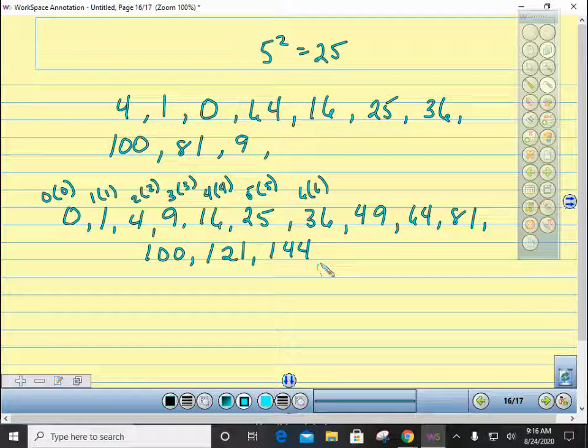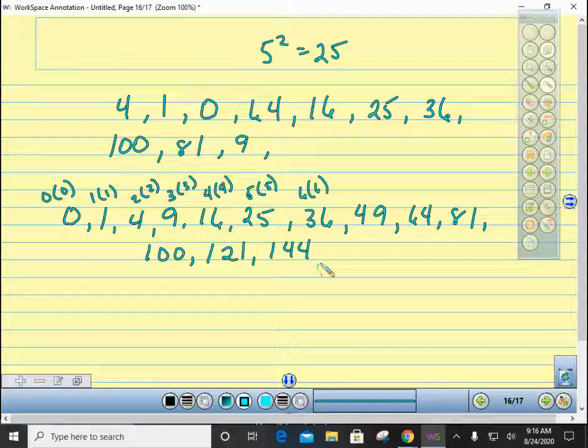Now, for those of you that have not observed anything around the room, if you look there to the left of Sierra and Gracie, on the red, yellow, and orange poster, it says common squares and square roots to 25. It's right there.